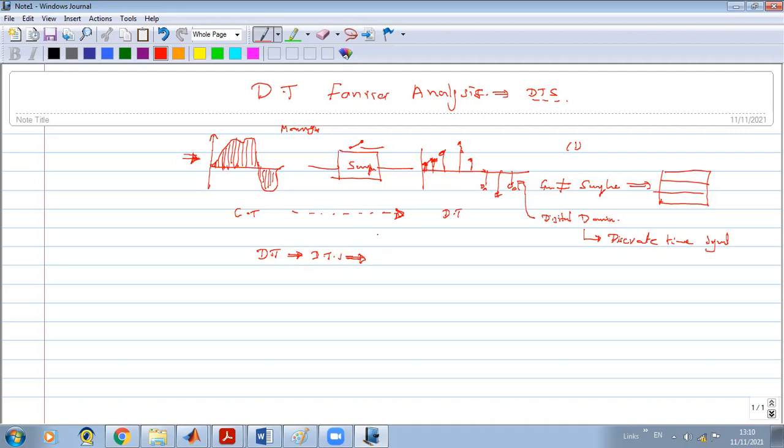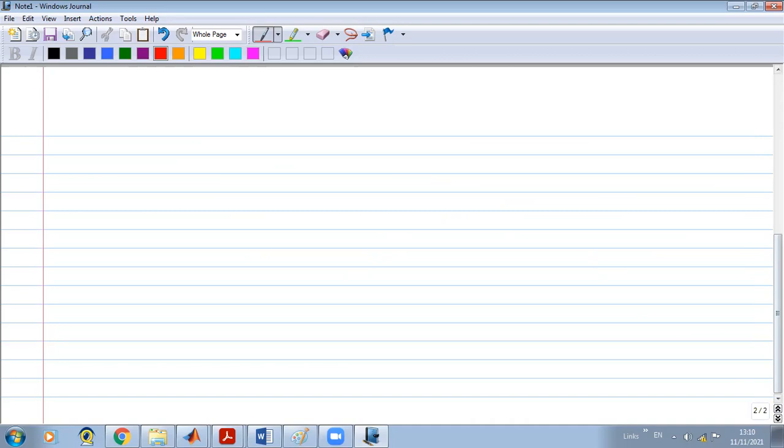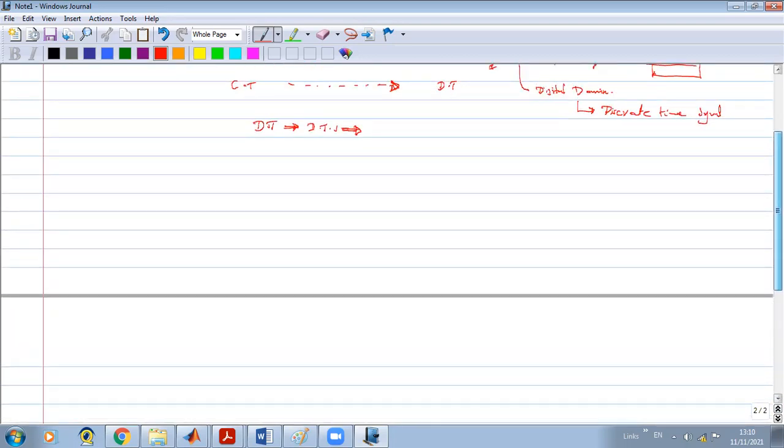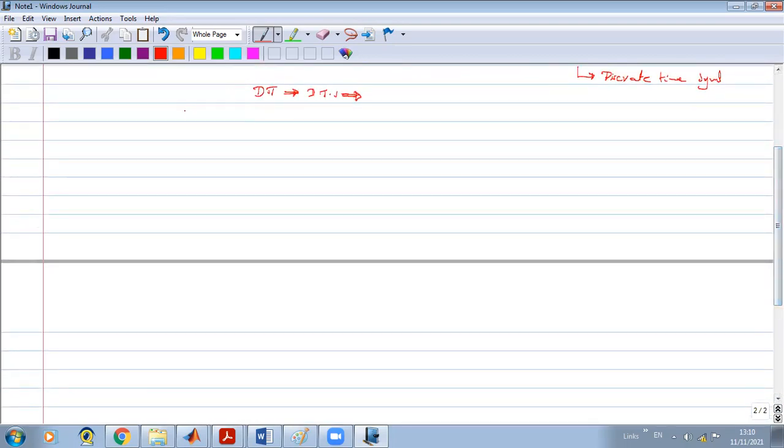As in the continuous time case, we know that Fourier analysis is a very powerful tool to analyze a signal, especially in the frequency domain. If we are doing a frequency domain analysis, Fourier analysis is a very strong, very powerful tool.